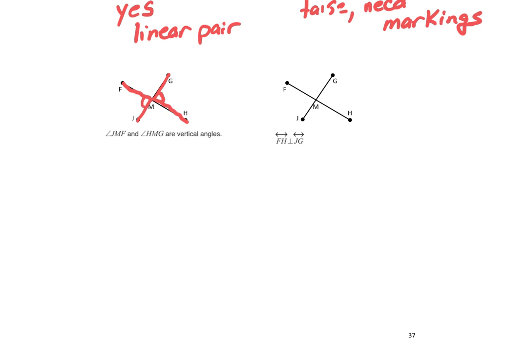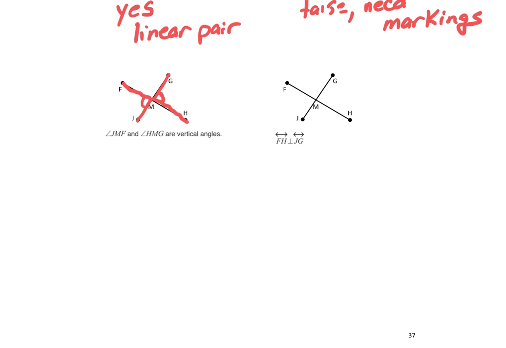How do I know that two angles are vertical? Right now, we don't know vertical angles very well. This will be an angle that we talk a lot about as we go throughout the year. How do I know these two are vertical?